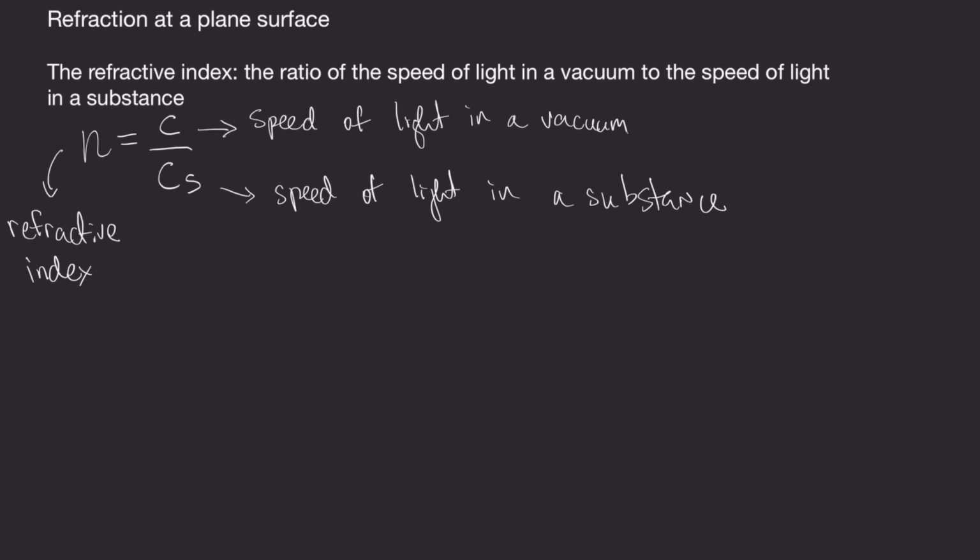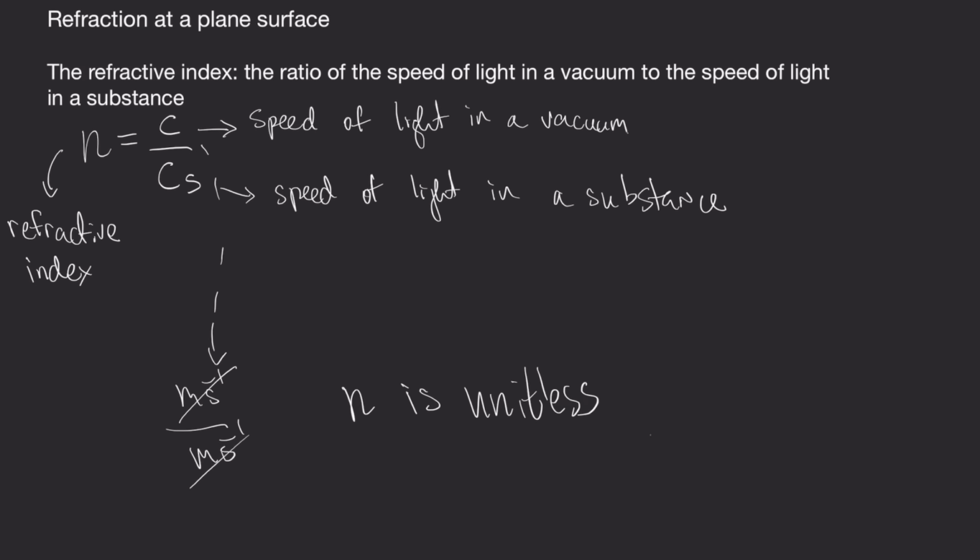It is important to note that the refractive index is actually unitless. Why is that? Well, if we consider the units of n, those are just meters per second divided by meters per second. They're just going to cancel out, leading us to the fact that n is unitless. Please also note that because nothing can exceed the speed of light, n has to be greater than or equal to 1.